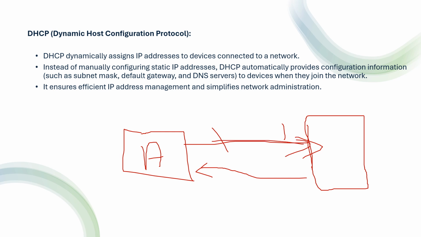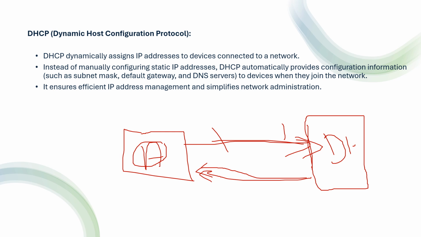And while replying, the source IP address is the DHCP server IP address, and the destination IP address is the host IP address. In this way, the host gets its IP address.